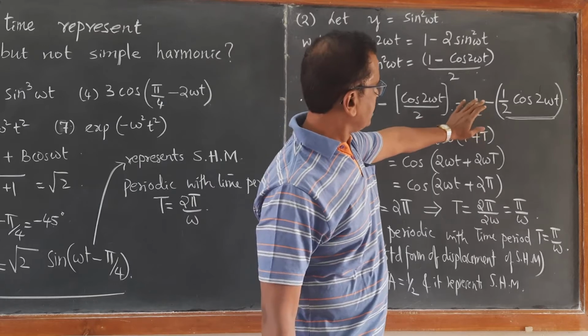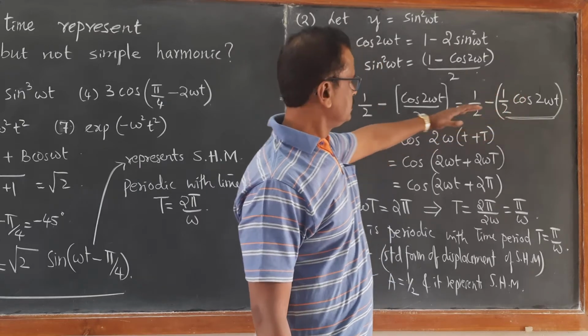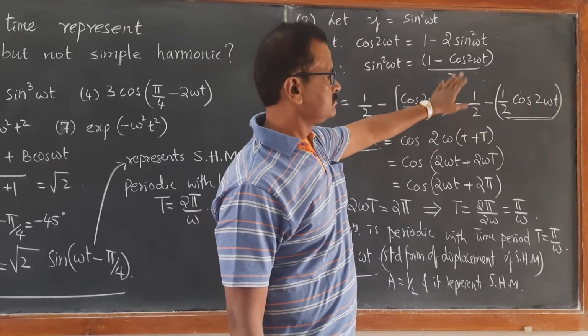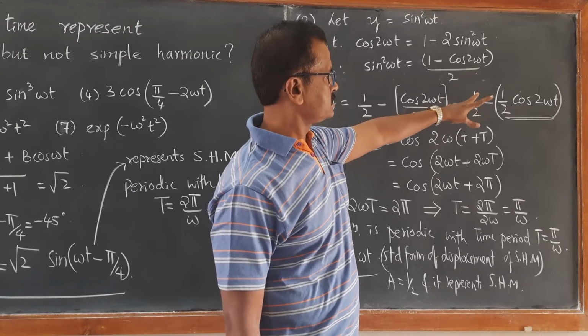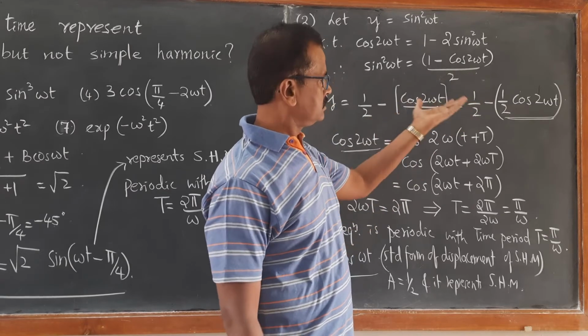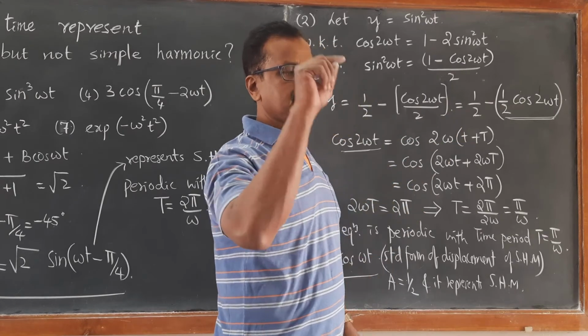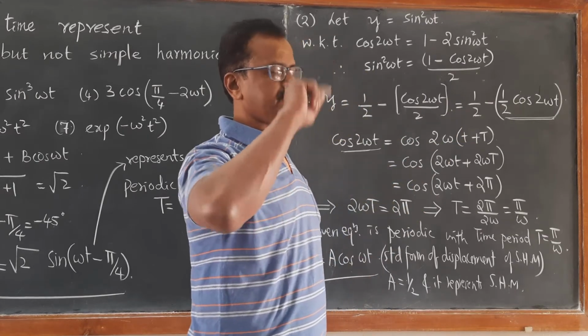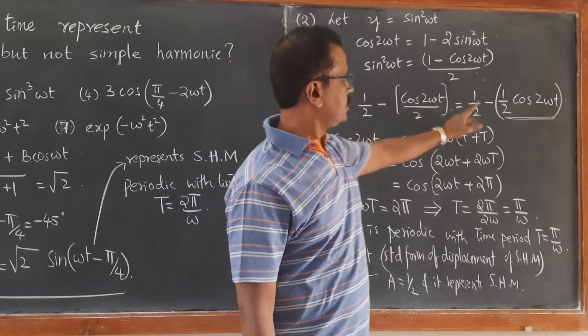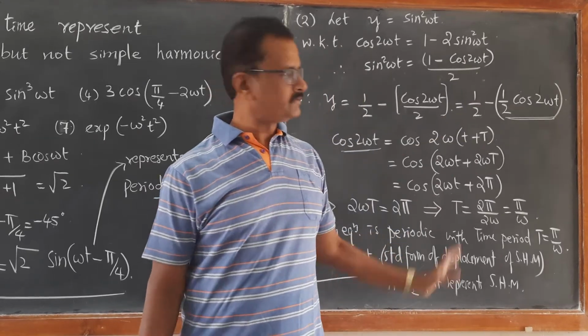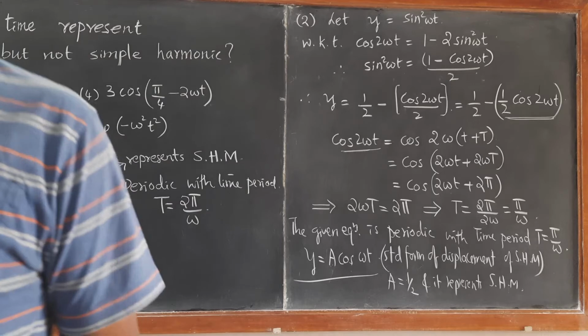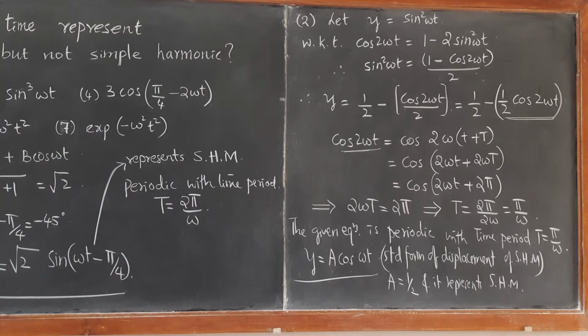So it will be half minus this one. Means instead of the cosine curve or sine curve about zero, it will be a cosine curve obtained on the line at y equal to half. Okay. So if I draw the graph, then you will come to know the meaning of this.